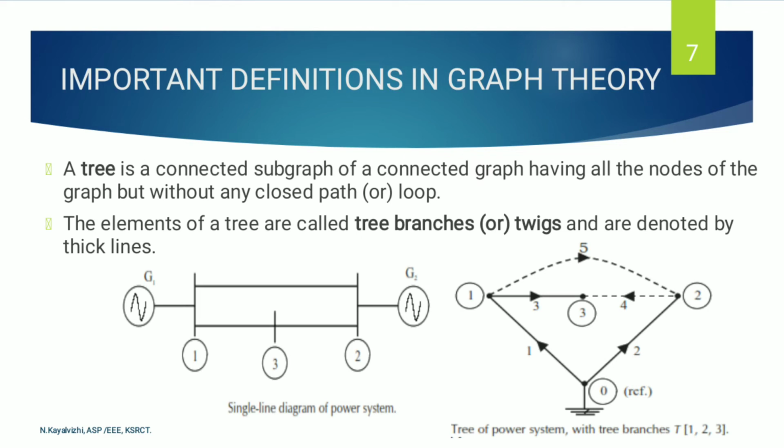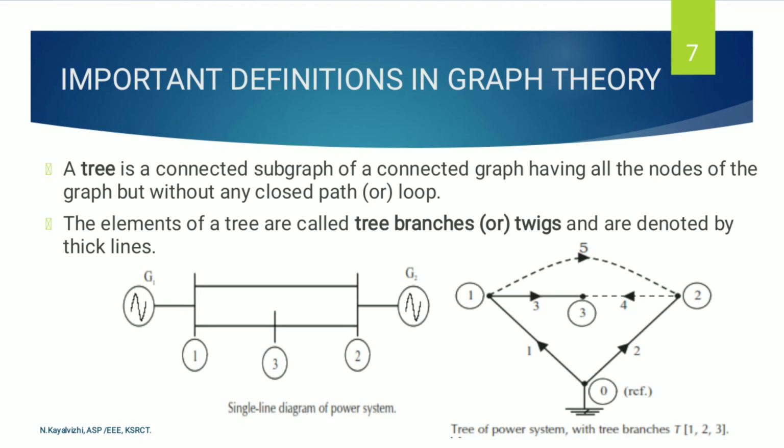One more term is tree. So what is a tree? It is a connected subgraph of a connected graph having all the nodes of the graph but without any closed path. That is, there is no closed loop. The elements of the tree are called tree branches or twigs and are denoted by thick lines.